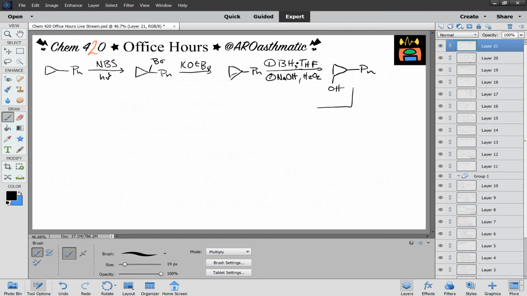The next step in our reaction will be a tosylation. So you can use tosyl chloride and usually a pyridine base to tosylate our alcohol.